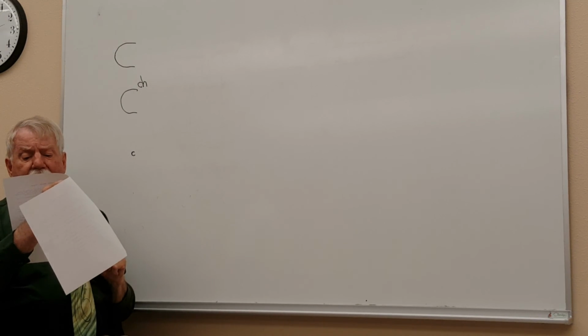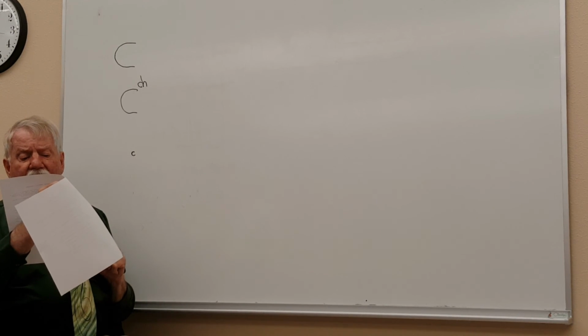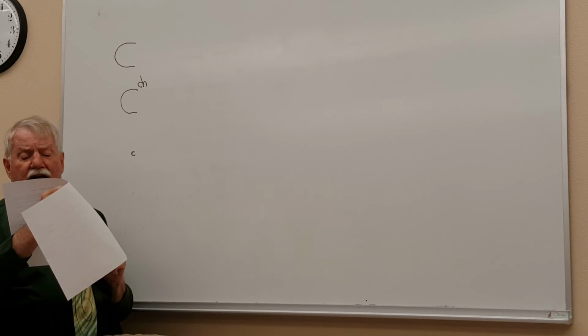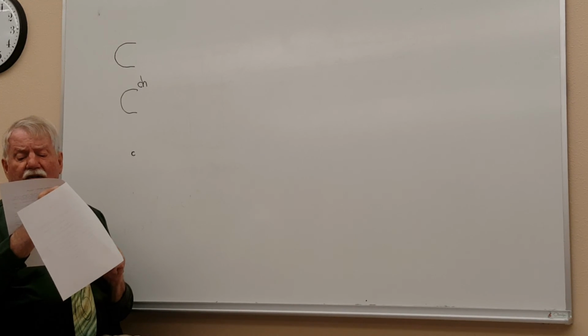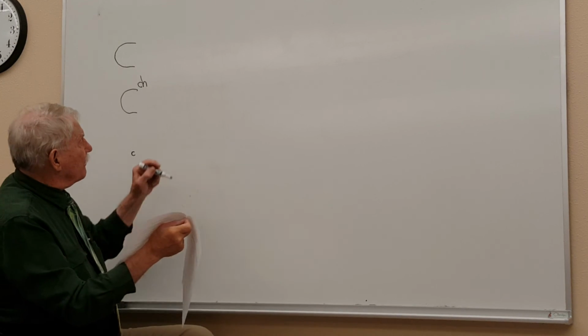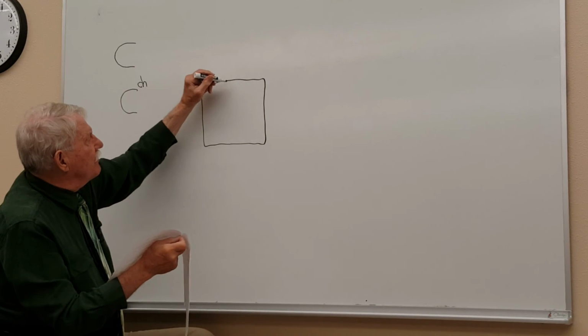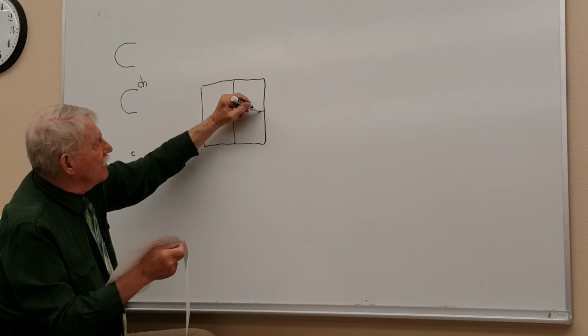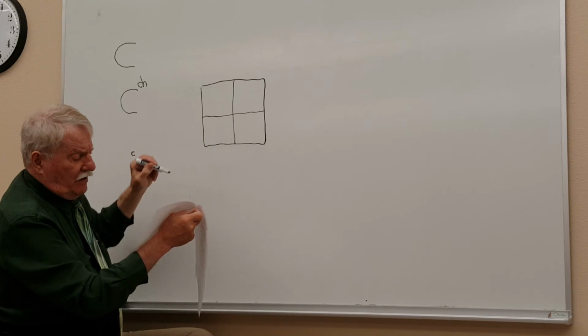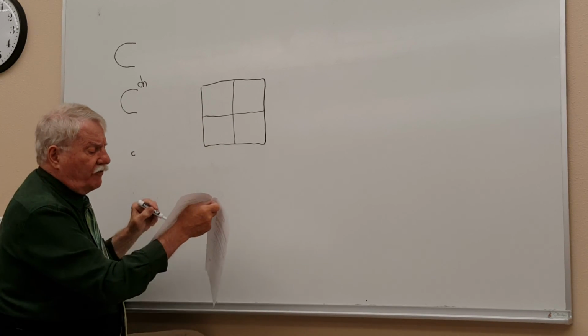So if a white rabbit is crossed with a full colored rabbit, it is found that 50% of the offspring are full colored and 50% are chinchilla. What are the genotypes of the parents? So you see, we know what the genotype of a white rabbit is crossed with a full colored.